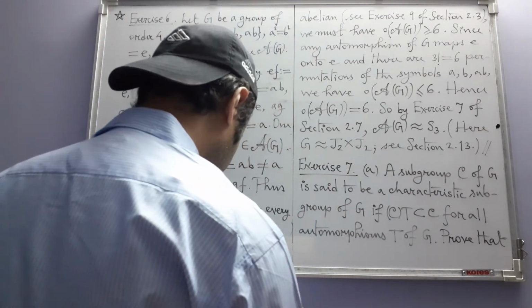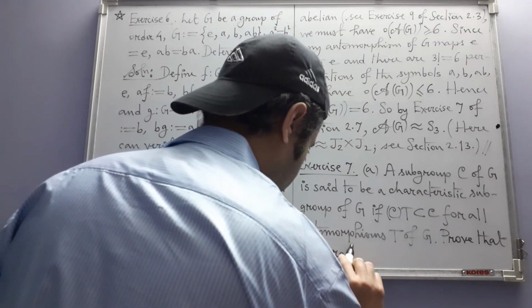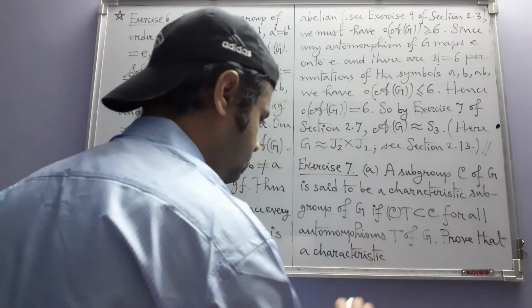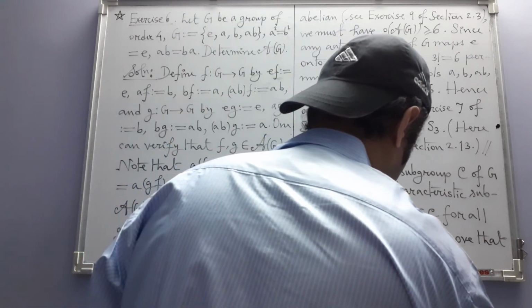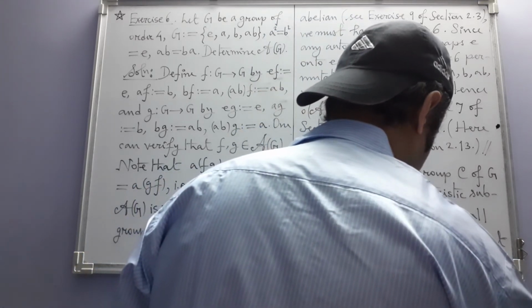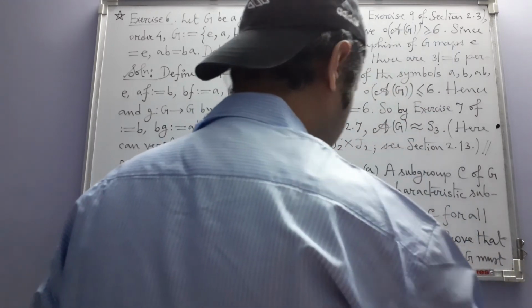Prove that a characteristic subgroup of G must be a normal subgroup of G.